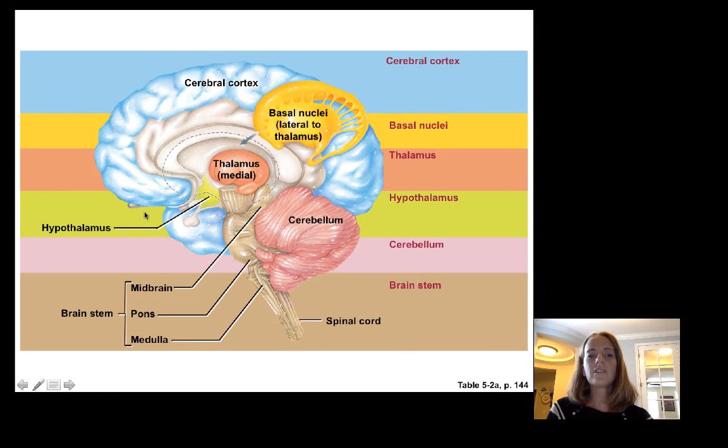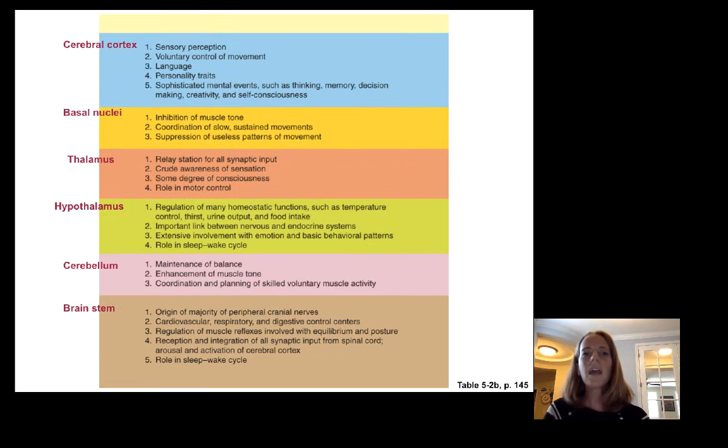And then the largest region of the brain, the part that gets the most press because it's the part of the brain that we have conscious awareness of, is the cerebral cortex. I'm going to leave this here for you as a summary figure that summarizes the major functions of each of these regions of the brain. This is from your textbook, Table 5.2, page 145.